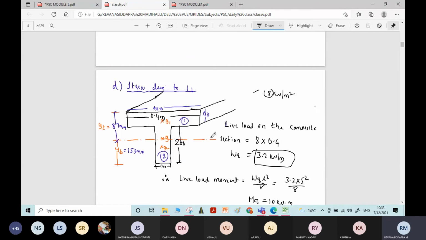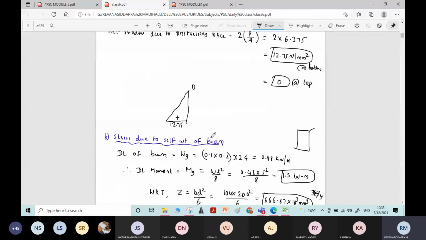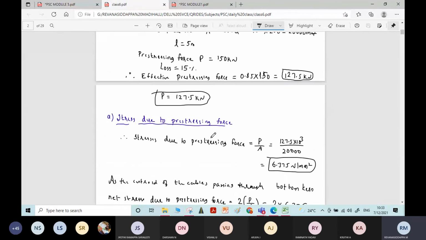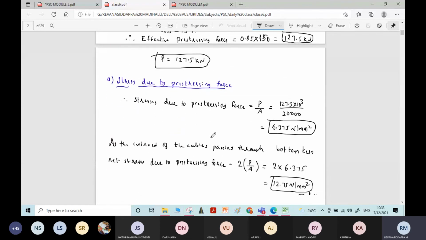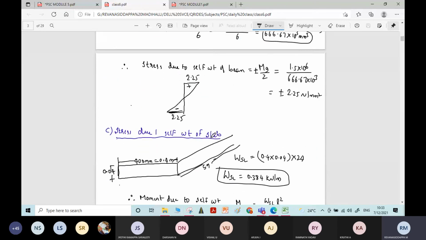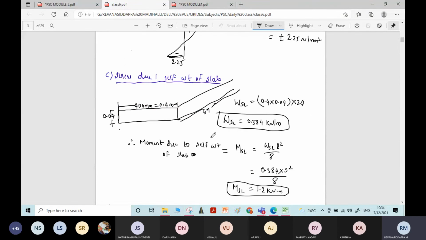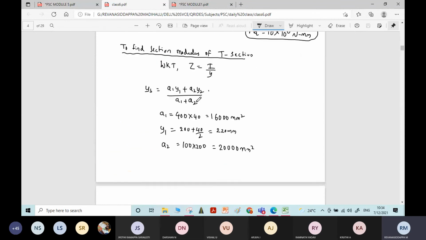See, whatever the calculations we have made till now, these are the calculations for unproper construction. Now for proper construction, there is some slight difference in calculating stress due to self-weight of the slab, that we will perform now.